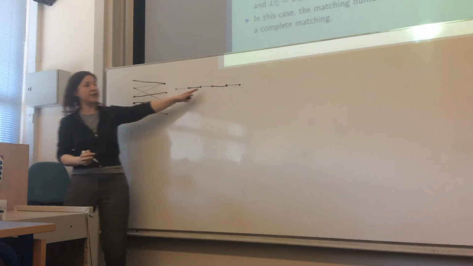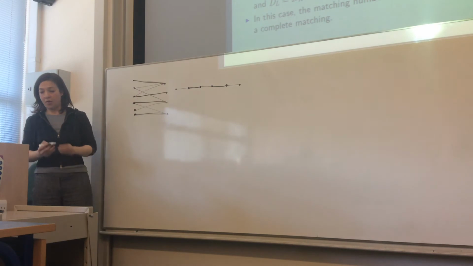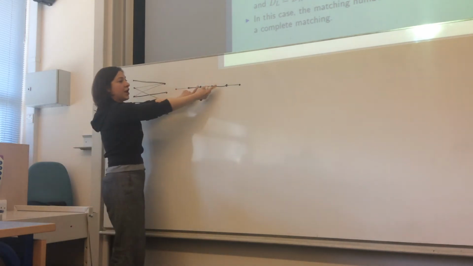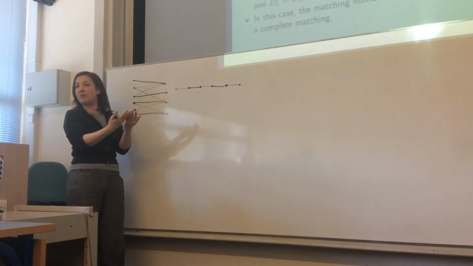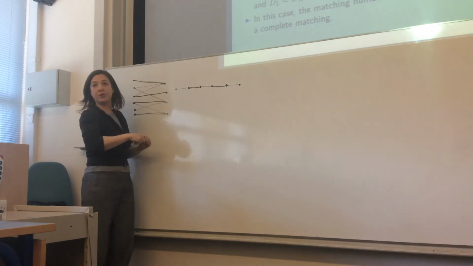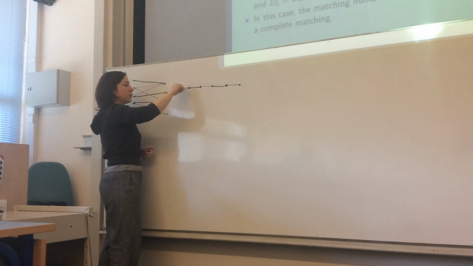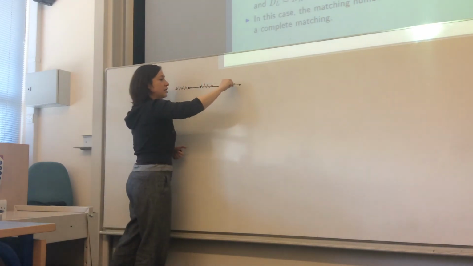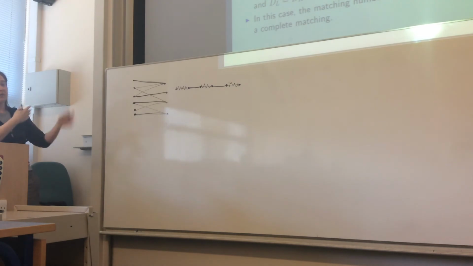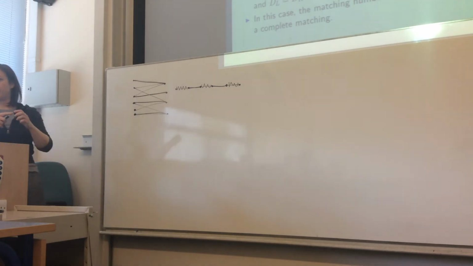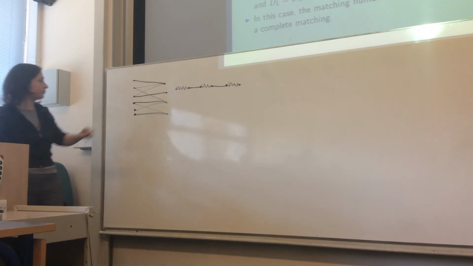So if I have such a path, then obviously I can change the matching and increase the number of matched nodes by one. So I will take this one, and this one, and this one in the matching and exclude those. And so the algorithm proceeds until we don't have augmenting paths. This way we find a maximum matching.